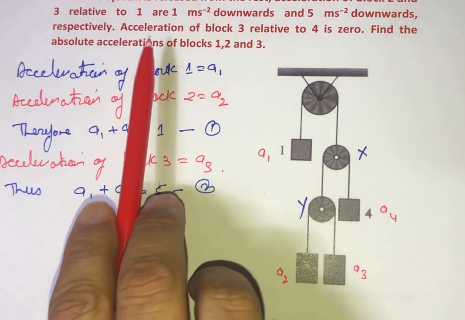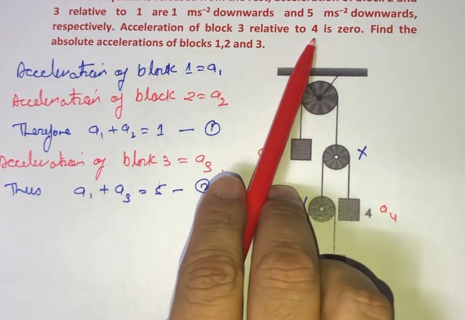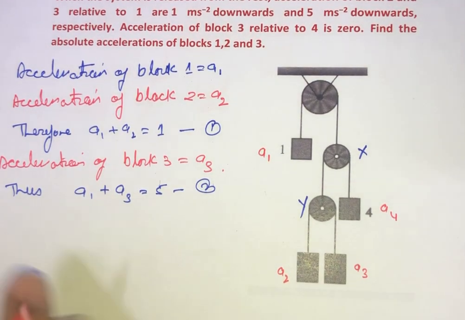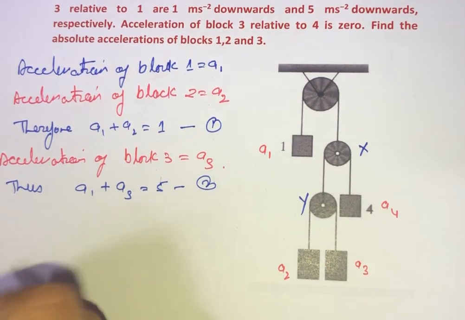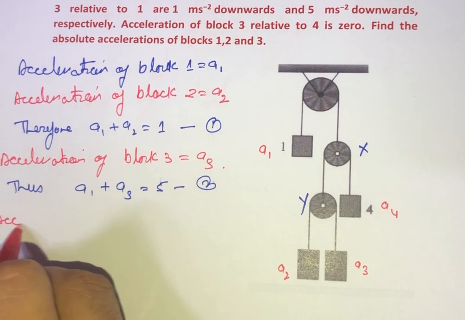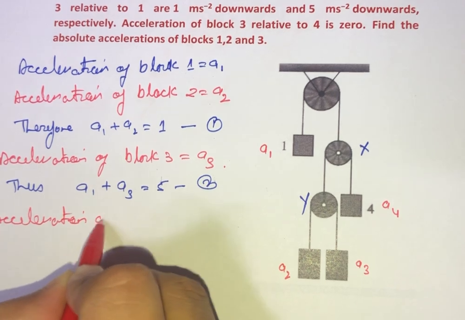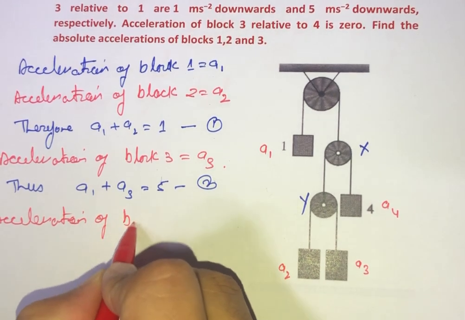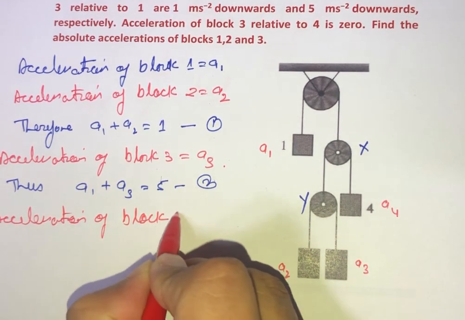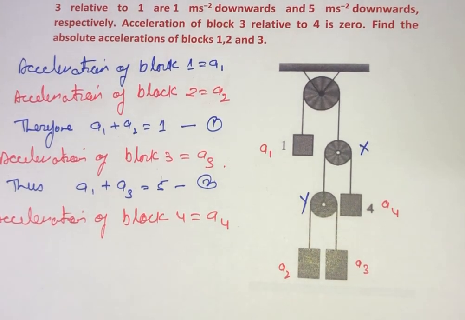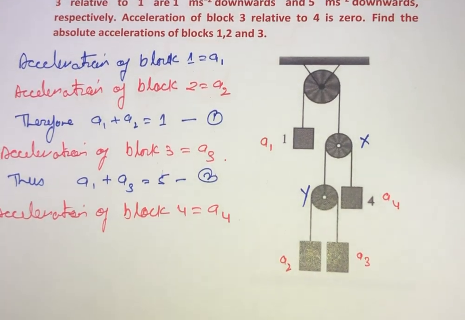And the acceleration of block 3 relative to block 4 is 0. Okay, you can see that acceleration of block 4 is a4, and it is given as 0.